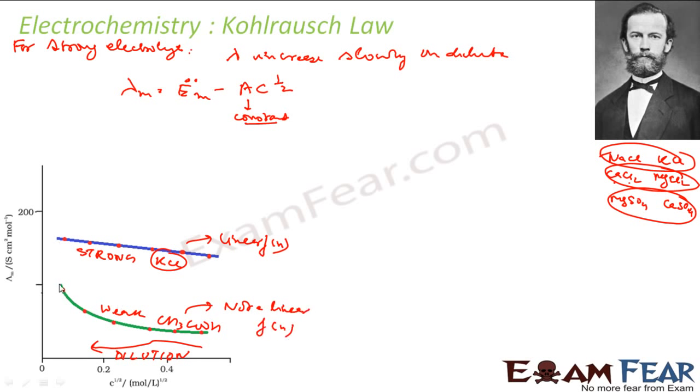It goes something like this. So the evaluation of molar conductivity at infinite dilution, the moment you keep diluting, you want to find the value of molar conductivity here. It's not very certain. And for this, he proposed one more law.